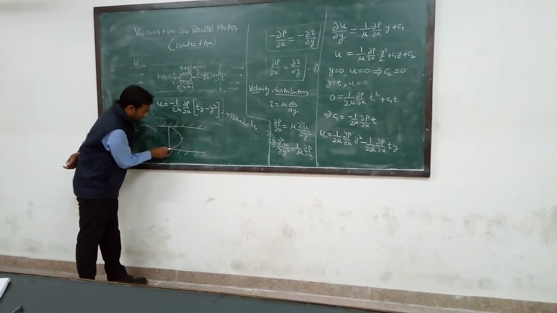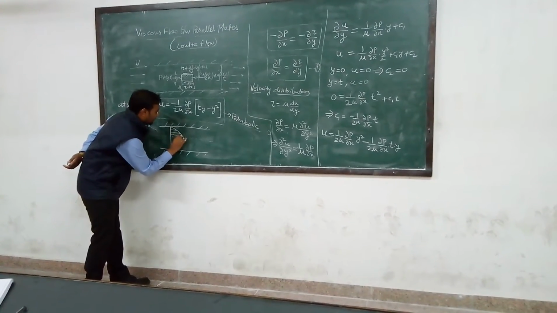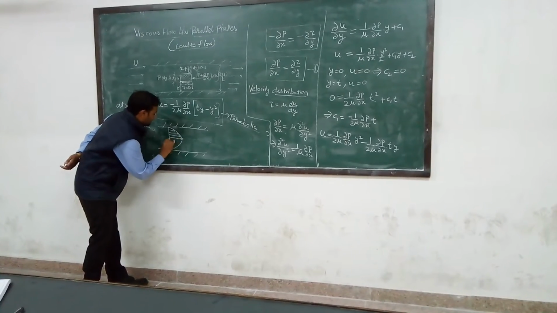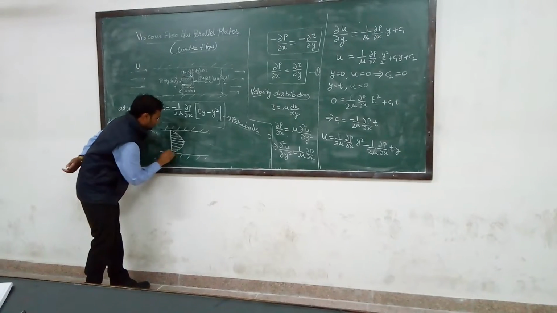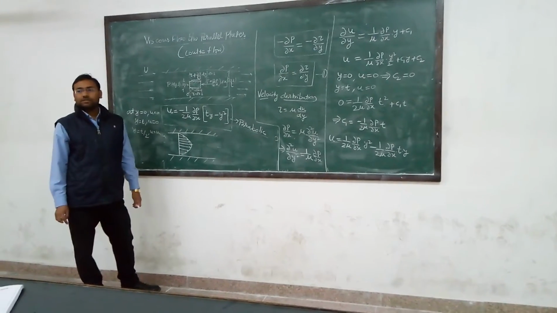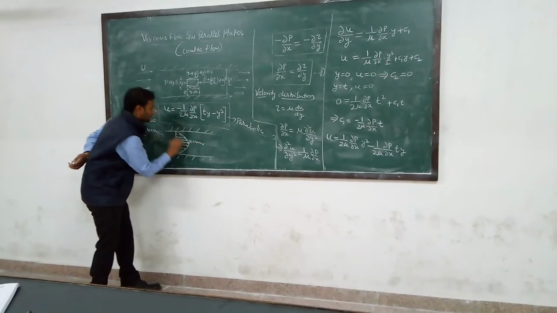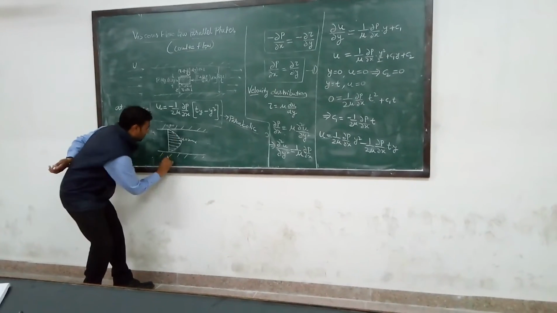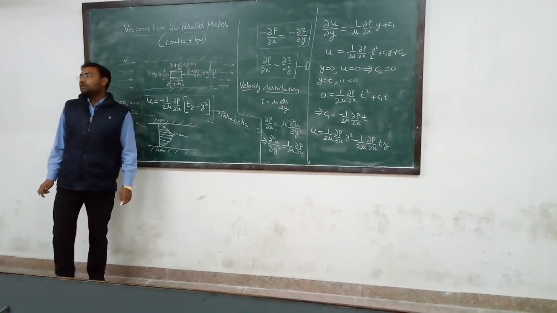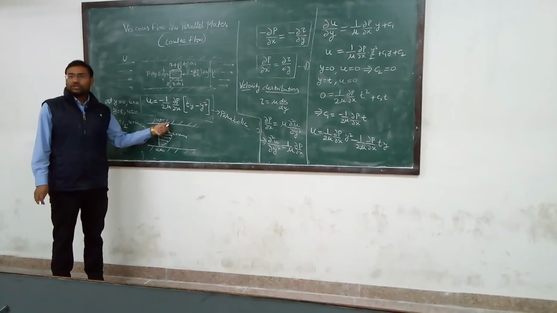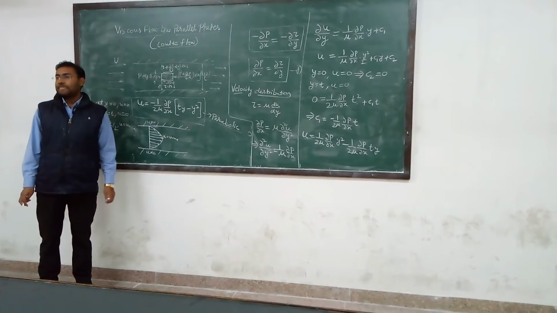So the distribution curve will be like this. Maximum at center and 0 at surfaces. This is the velocity distribution: u equal to u max at the center and u equal to 0 at both surfaces. This is the velocity distribution for viscous flow between parallel plates.